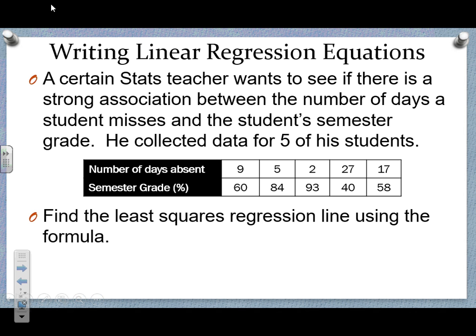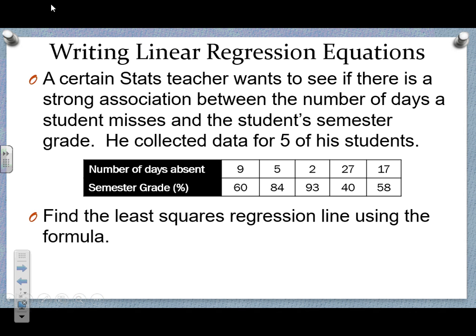So, here we have that same kind of example from before. We want to see if there's a strong association between number of days a student misses and the student's semester grade. So here's our information. Now, we're not going to go through the regression formula again. I think as long as you have the formula in front of you, you're okay to go through that, right? If I was doing this with the formula, the first thing I would do is type this into my calculator and do what?